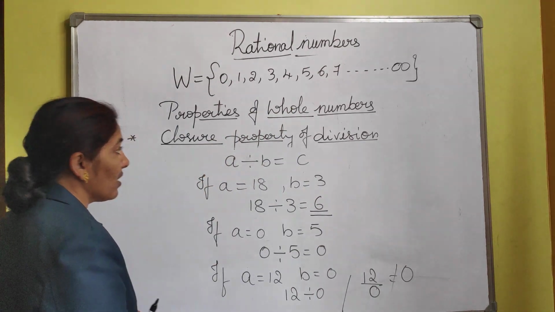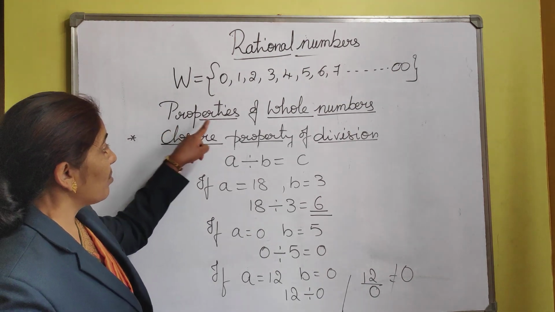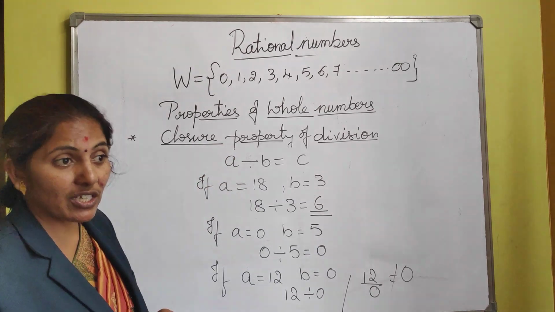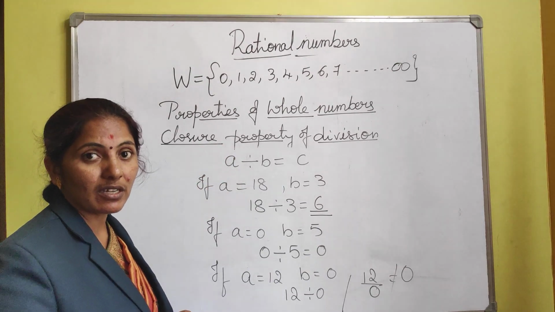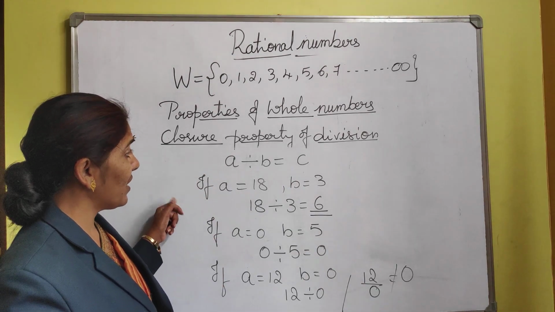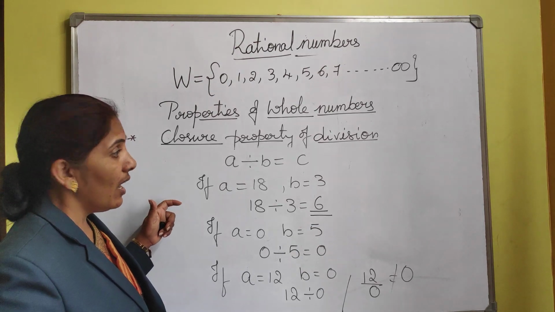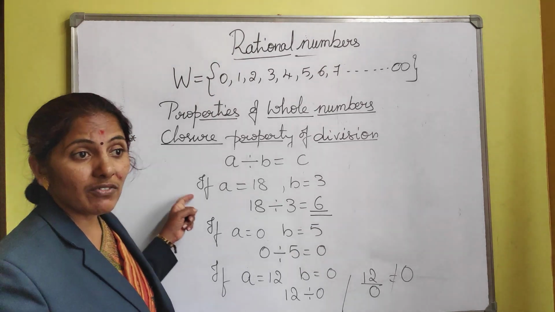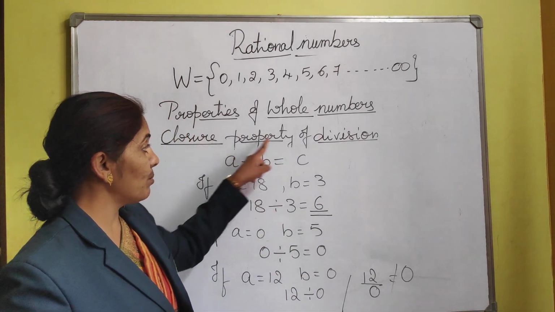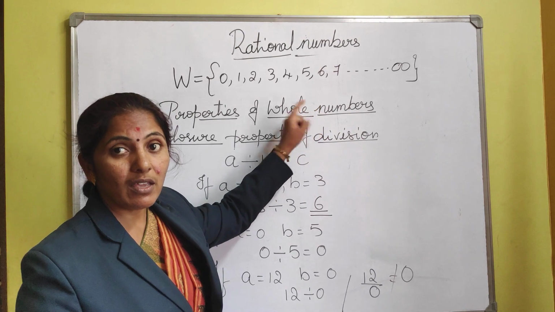So what will we be learning now? We learned the properties of the whole numbers, under that the closure property of addition, subtraction, multiplication and division. What did it satisfy? Addition and multiplication are satisfied, whereas division and subtraction are not satisfied under the closure property for the whole numbers.